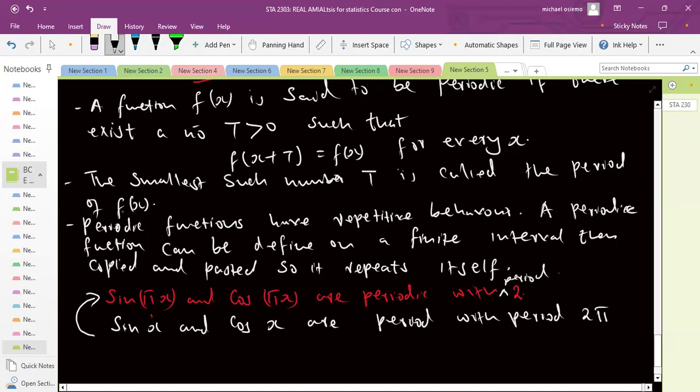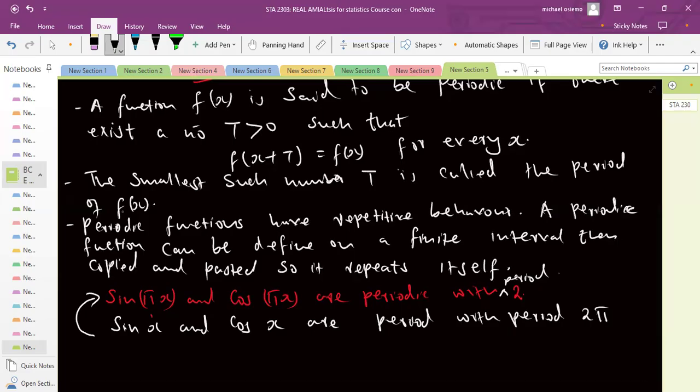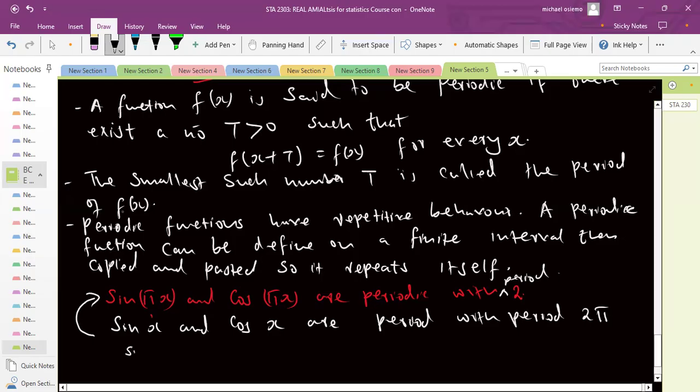The period of 2. So how did we get this period 2? If you check the first statement and the second statement, in the second statement it's like we have divided sine 2 pi x by 2 pi x by 2 pi.